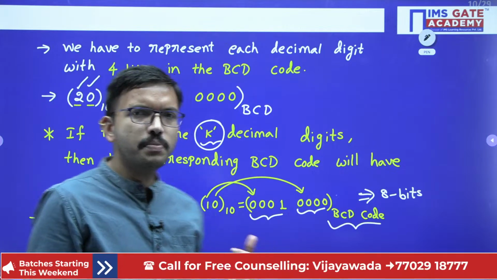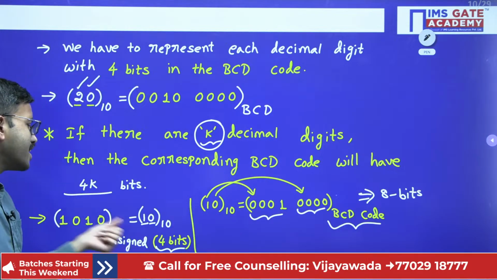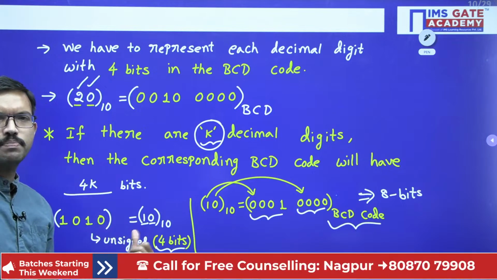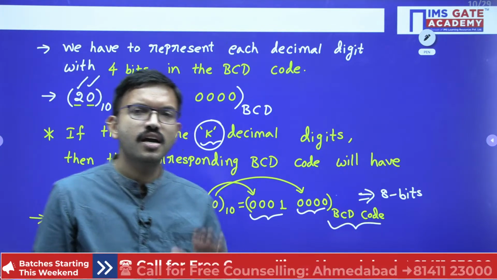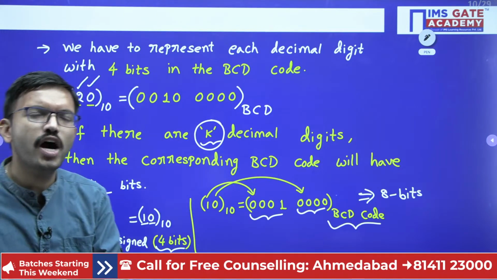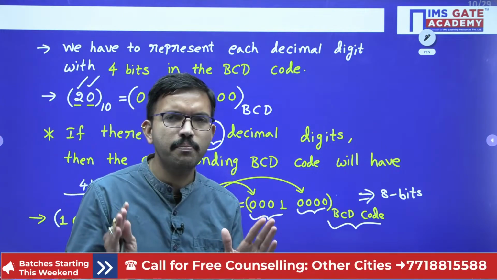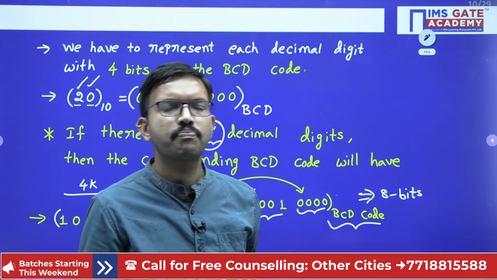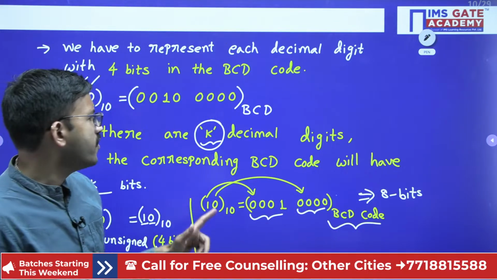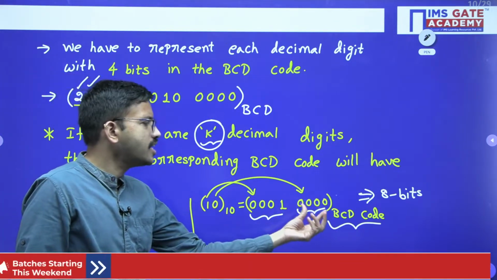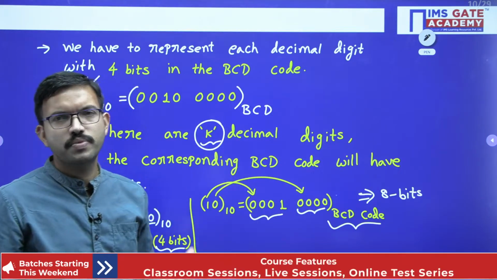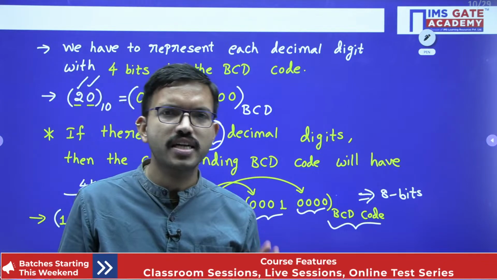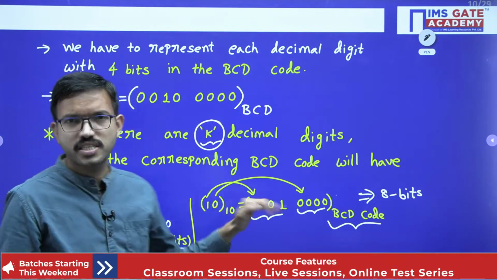Whenever you group 4 bits in the unsigned case or ordinary binary number, you will get hexadecimal digits, and you have to convert that hexadecimal number into decimal. That is a 2-step procedure. Whereas with BCD, if you group 4 bits, directly you can write the corresponding decimal digits. I hope all of you got the clarity on why we are using BCD code.